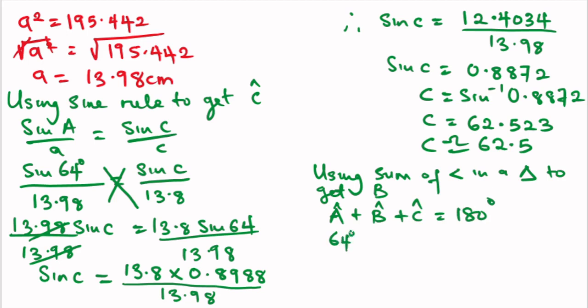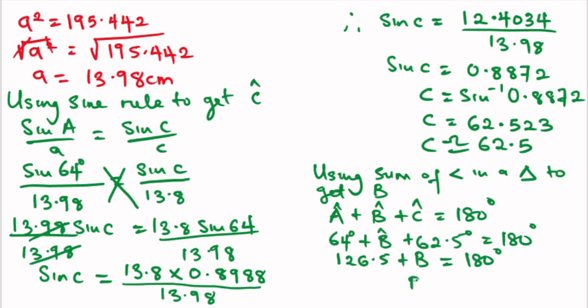A is 64 degrees plus, we're looking for angle B, and we've got C now, which is 62.5 degrees, all equal to 180 degrees. 64 degrees plus 62.5 degrees gives us 126.5, plus B equal to 180 degrees. So B is equal to 180 minus 126.5, which is 53.5 degrees.